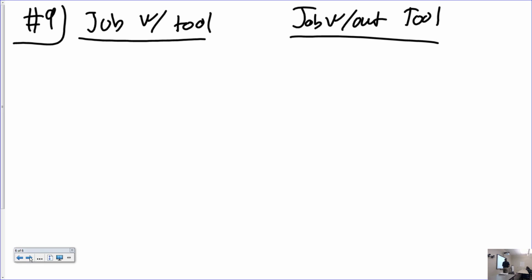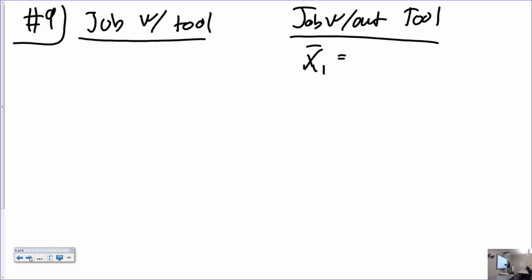So without the tool, apparently I'm calling that X bar 2. We should probably call it X bar 1 since the data is giving it to us first.